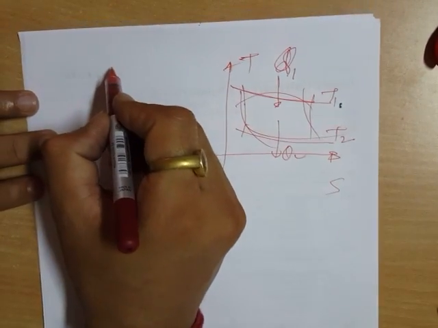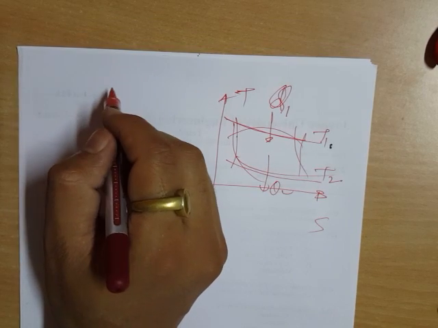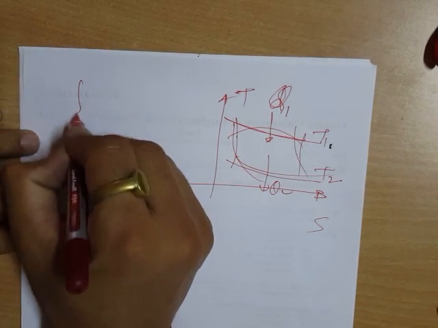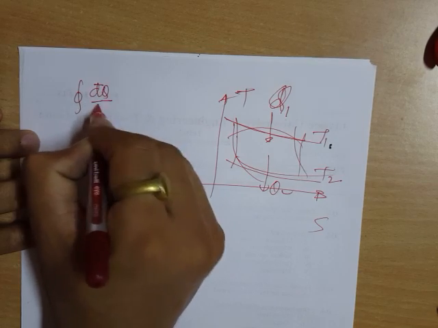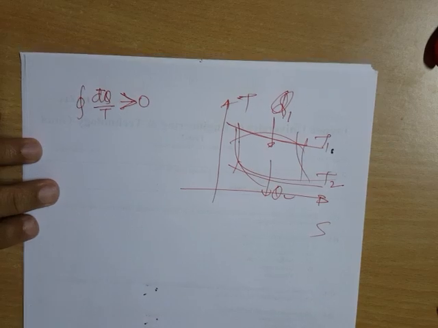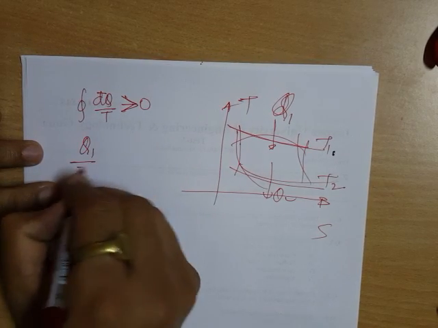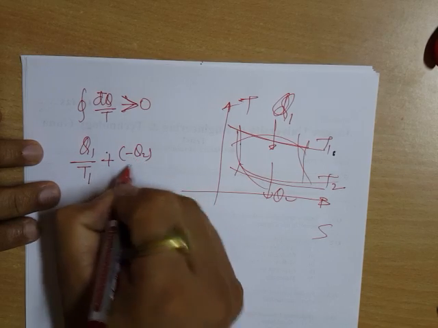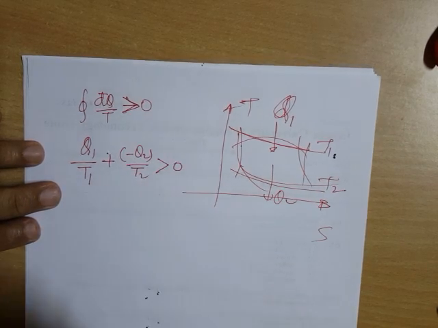Now, for this cycle, from the Clausius theorem, if it is given to you that for this particular cycle the cyclic integral of dq by T is more than 0, then what does this mean? This simply means Q1 by T1 minus Q2 by T2 will be more than 0.